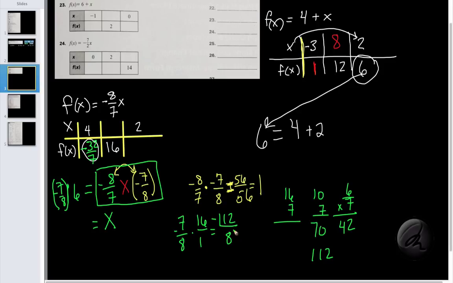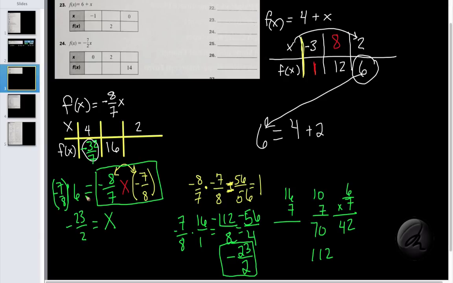And this is a negative 112 over 8. Now you can probably simplify this. Let's go ahead and do that. I guess you can divide both by 2. That'll give you 56 over 4. And then you can still further divide by 2, so your final value is negative 23 over 2.